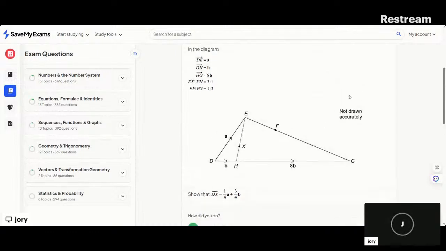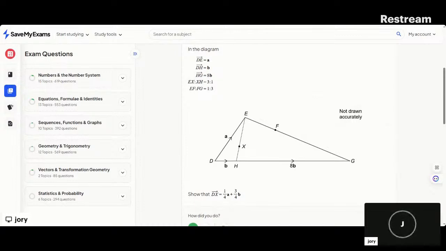Okay, so let's find EG first because we know EF is part of EG. And EG is ED and DG. So EG equals ED plus DG equals ED is negative A and DG is 9B, equals 9B minus A. Okay, and then we know that EF is a quarter of EG.